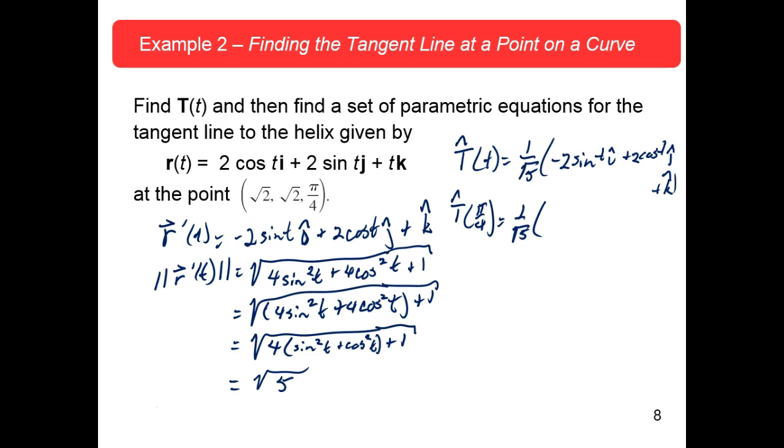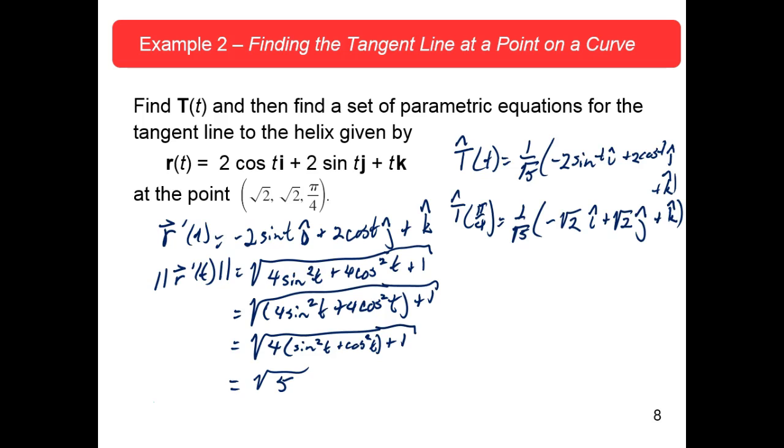It would be negative root 2, right? If t is equal to pi fourths, then sine of pi fourths is root 2 over 2, and that would be negative 2 times root 2 over 2, which would be negative root 2 i, plus root 2 j plus k. No variable dependence there, it's just k.